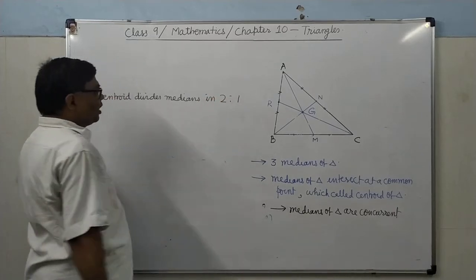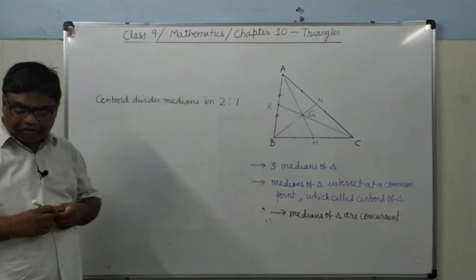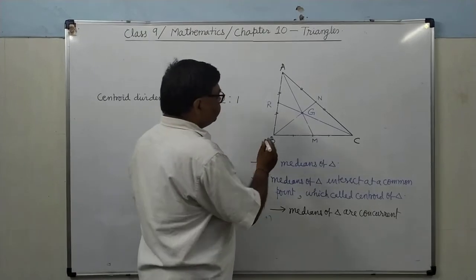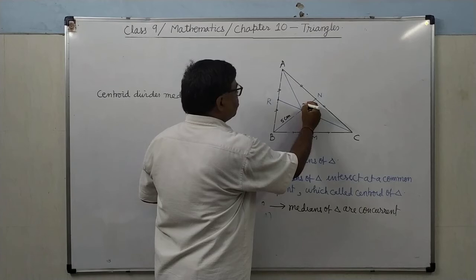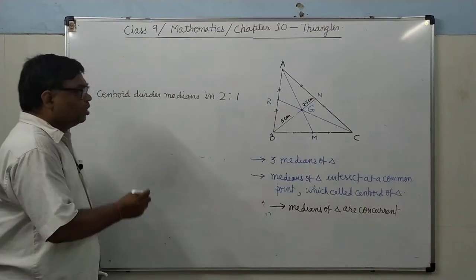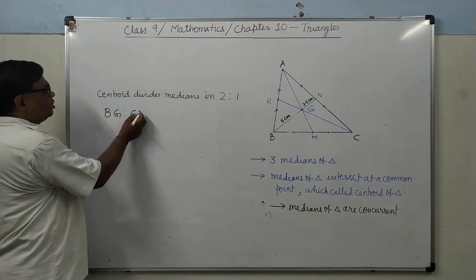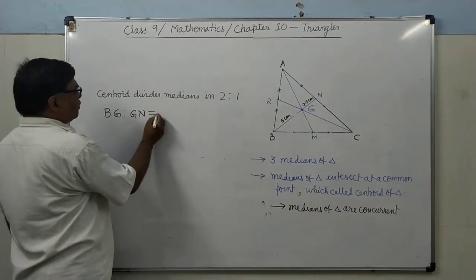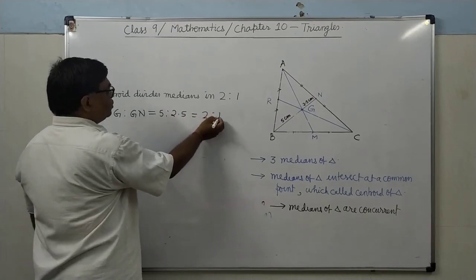It divides the medians in the ratio 2:1 means if you find BG, suppose 5 centimeter, then NG will be equal to 2.5 centimeter. You can see here what will be the ratio BG to GN, starting from the vertex. So it is 5 to 2.5, that equals 2 to 1.